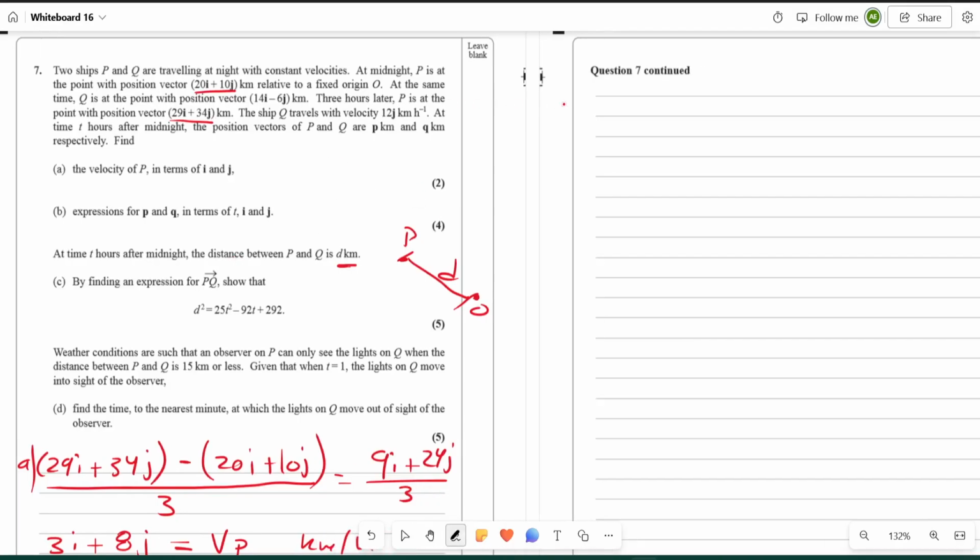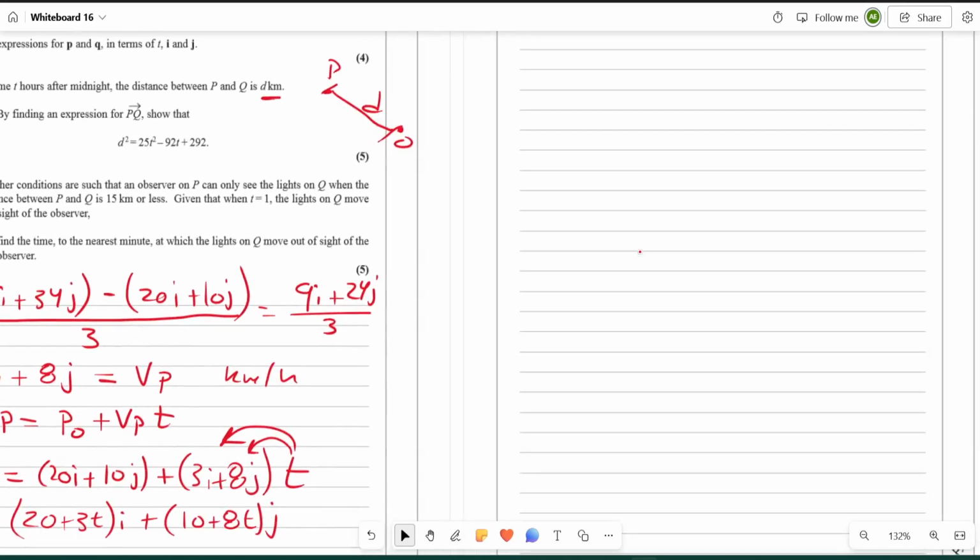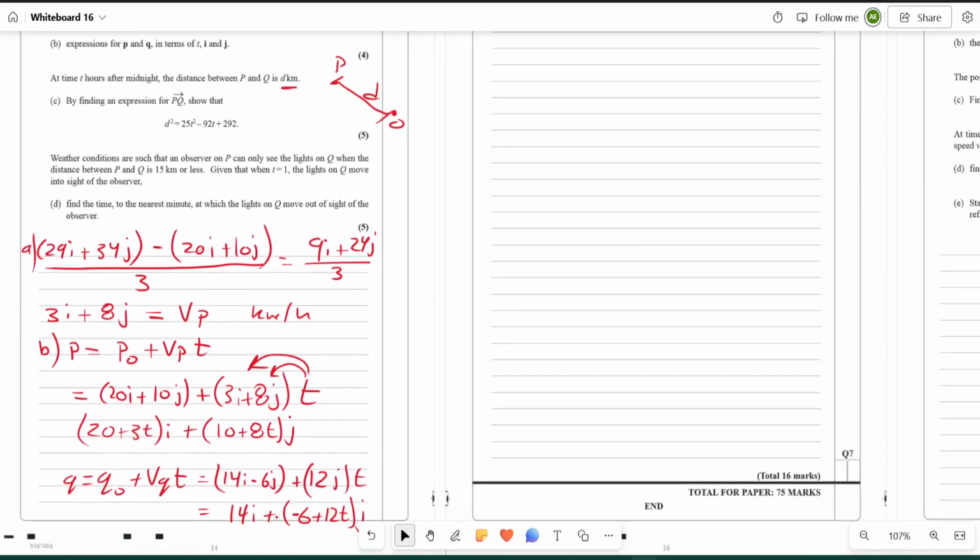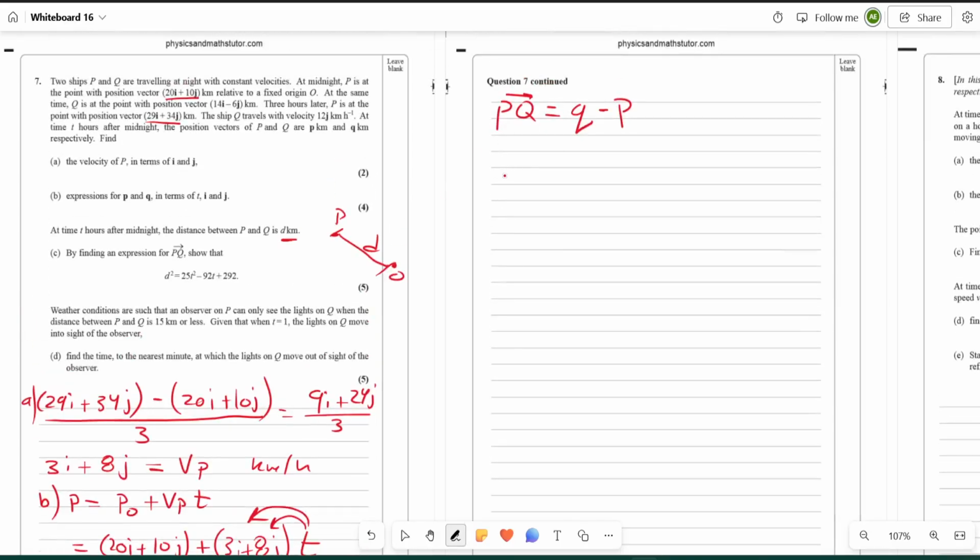So to do that, know that the vector PQ is going to equal the vector Q minus the vector P. And over here, I got the vector Q as 14i plus (-6 + 12t)j.